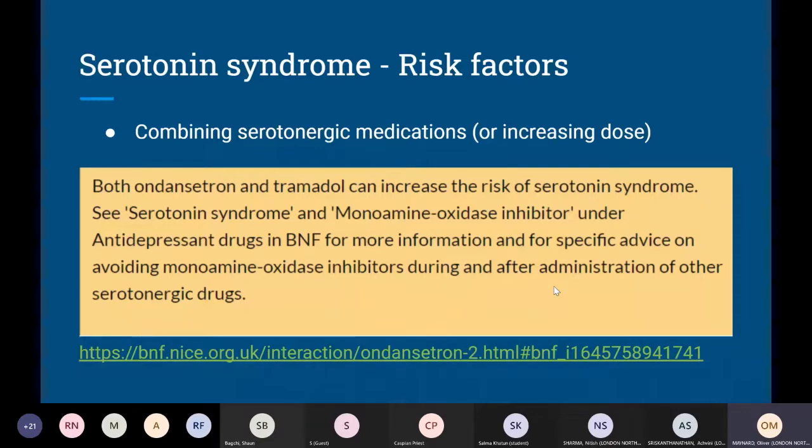Serotonin syndrome is uncommonly caused by one serotonergic medication, but becomes much more likely if you're having 2 or more serotonergic medications, especially if they're in high dose. It's almost always iatrogenic, almost always caused by medications.